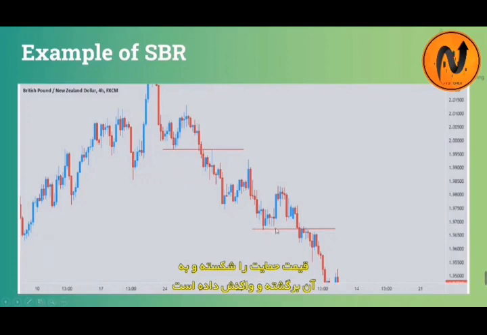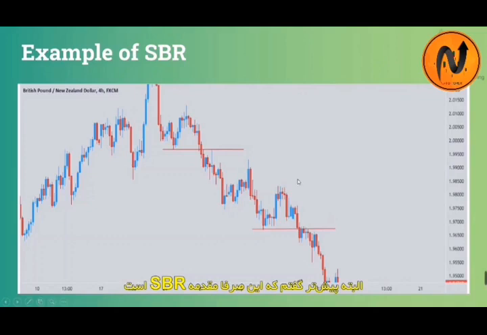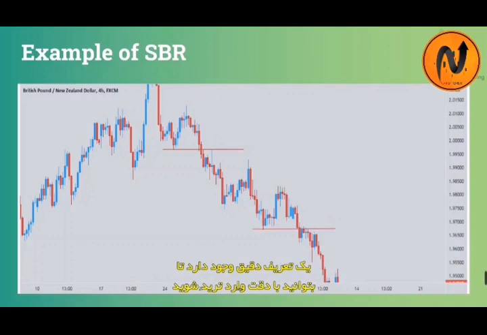All right, can you see it? The price breaks and then comes back to this area and then bounces. So this is an example of SBR. Of course, like I told you earlier, this is a rough idea of an SBR. There is a very accurate definition so that you guys can go into the trade more accurately later on. So keep that in mind.